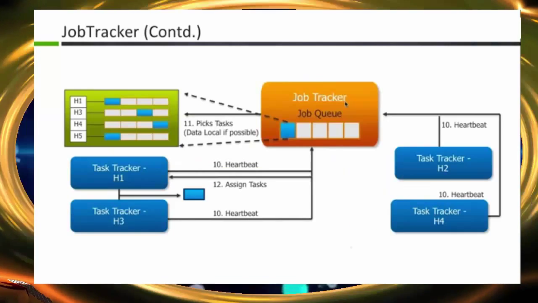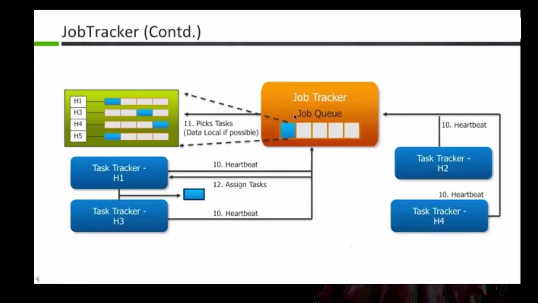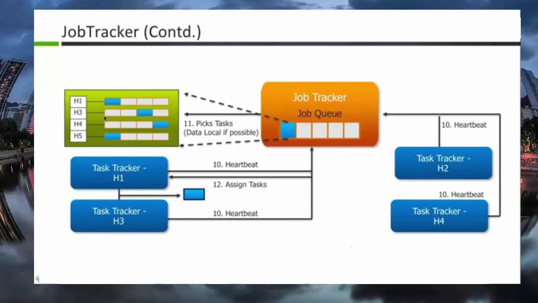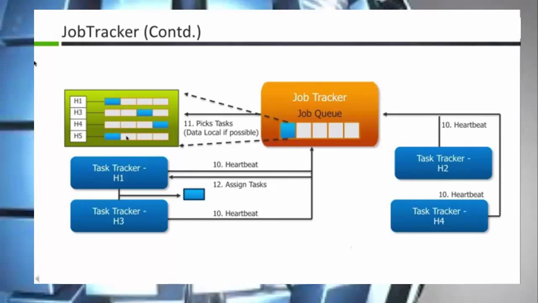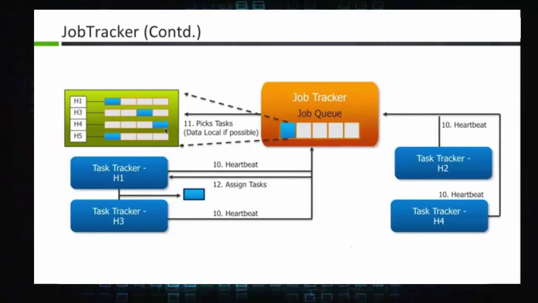Let's go ahead and see what happens here. Now, this is your job queue, where the job tracker is running. The job tracker will look at which task it has to run on which data. It will pick whichever task tracker contains the data on which it has to run, and there can be multiple replications of that.